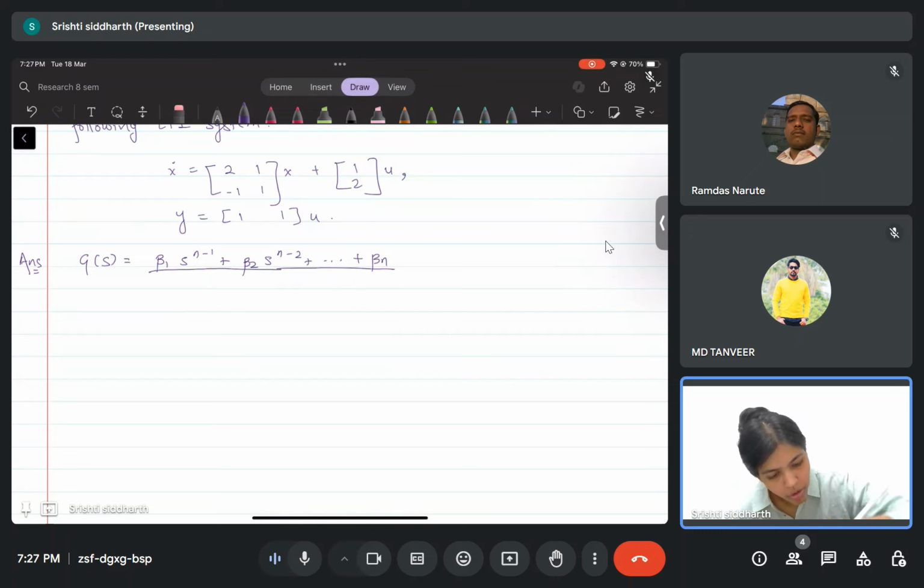Therefore, the order of the numerator polynomial is s to the n minus 1, then we have s to the power n, that's alpha 1, and so on till alpha n.